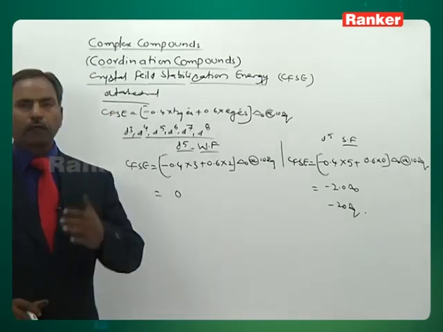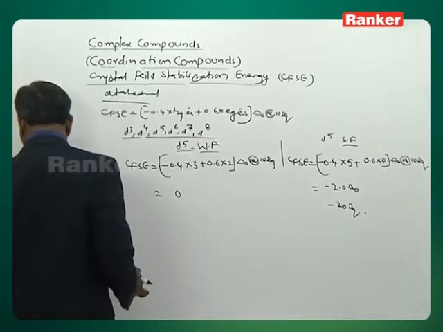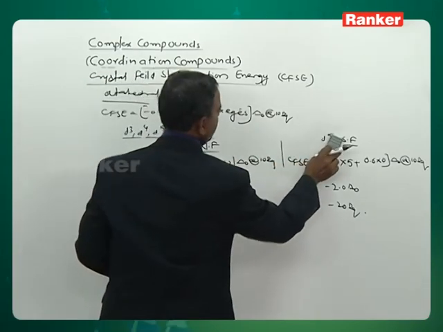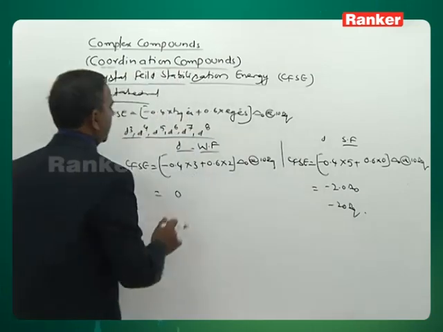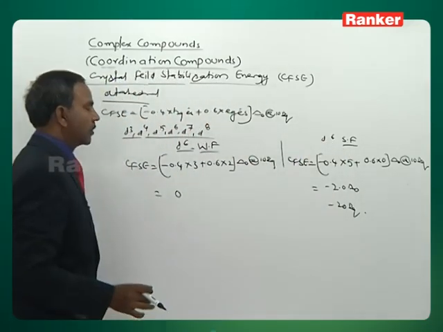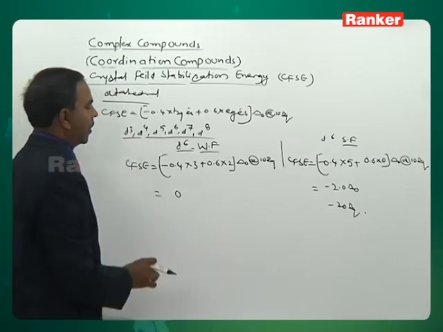Coming to d6 electronic configuration, d6 weak field and d6 strong field, take both. See the distribution of electrons. The sixth electron is coming down.